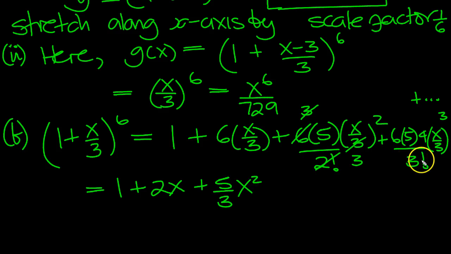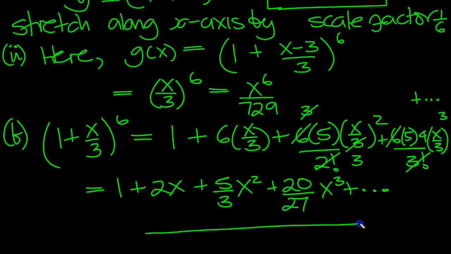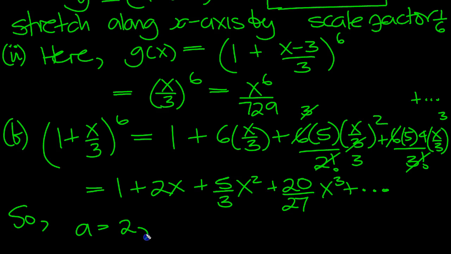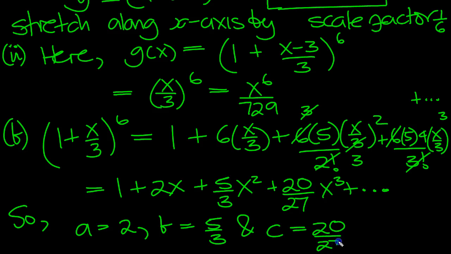And then the next one, the 6 here will cancel with that 6, and we get 20 over 3 cubed. 3 cubed is 27, and that's x cubed. So what have we got here then? A equals 2, B equals 5 over 3, and C equals 20 over 27.